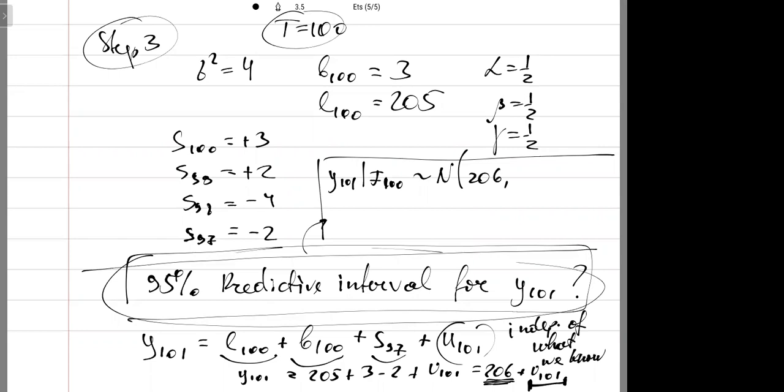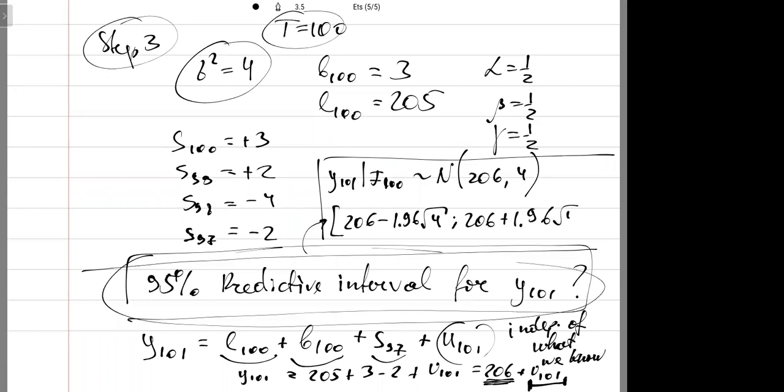This is the variance of u. So I have variance 4, and so my predictive interval is 206 plus or minus 1.96, that's the critical value for the normal distribution, times the square root of 4. So we have built a predictive interval for the next value. Okay.